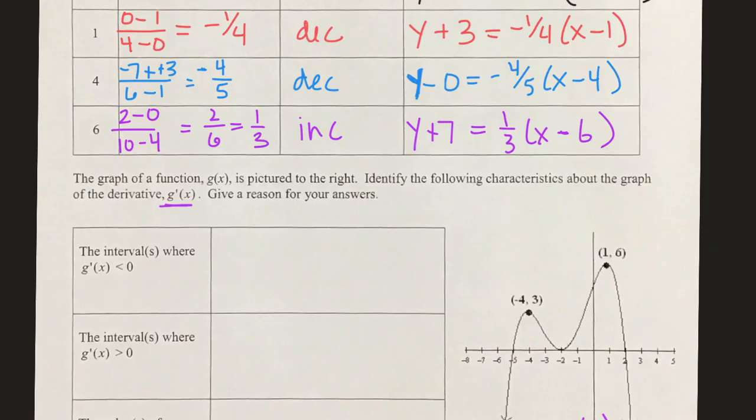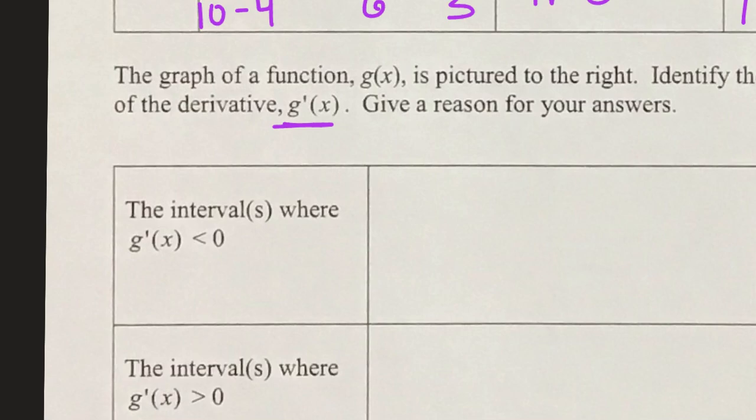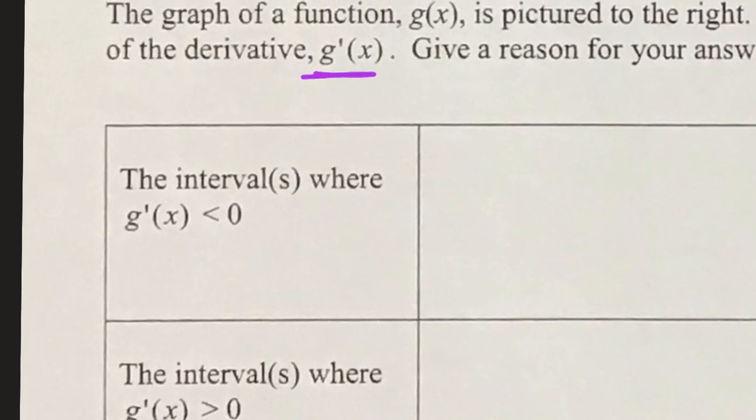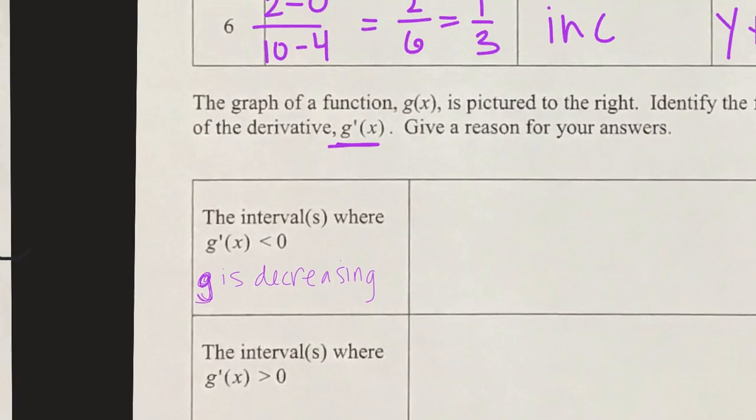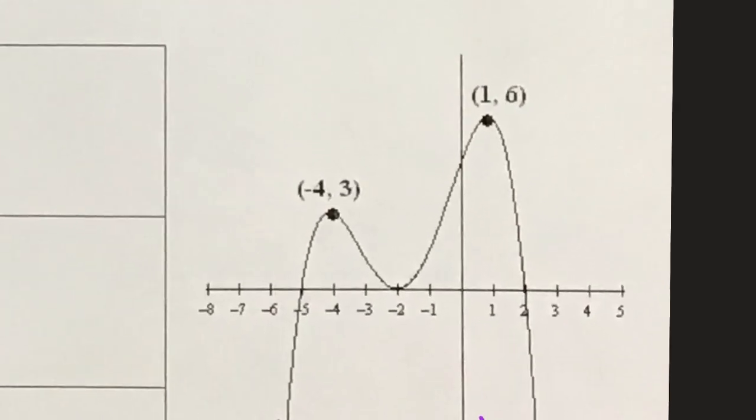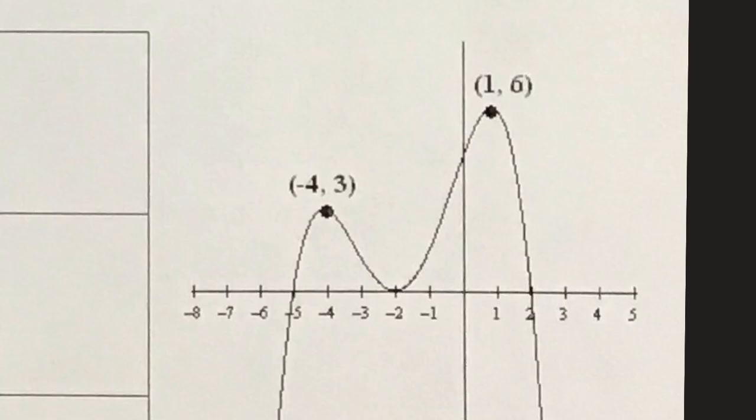So if we look back at our other paper, where are we going to find derivatives that are less than 0? What is the graph going to be doing? g has to be decreasing. So we're looking for the intervals where our g graph is decreasing, where the y values are getting smaller. That looks like it's happening from -4 to -2, right?